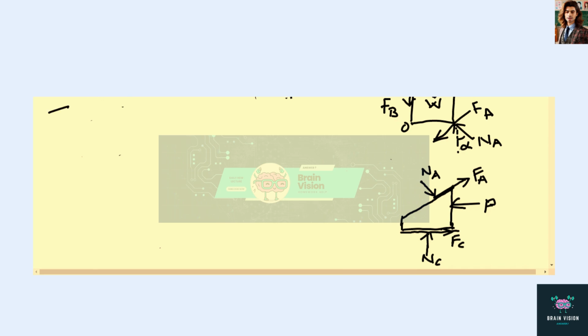Now, if we consider the top diagram, we look at the summation of the forces in the vertical direction.